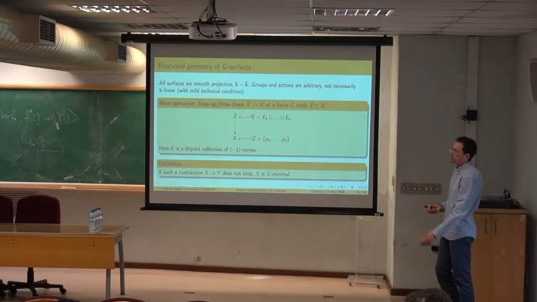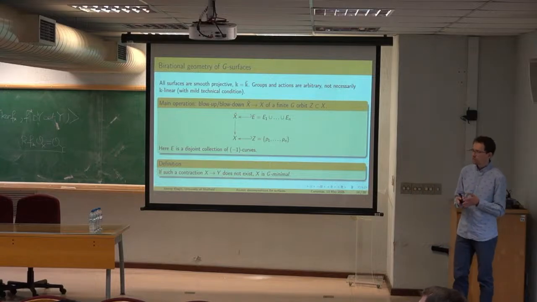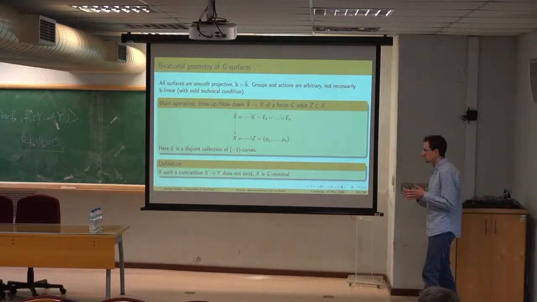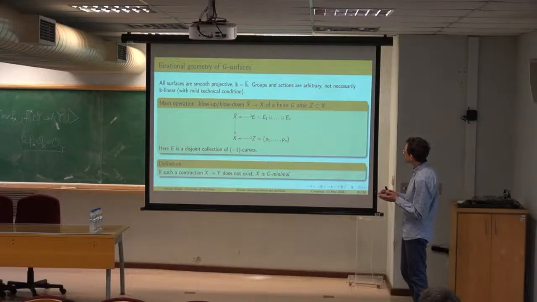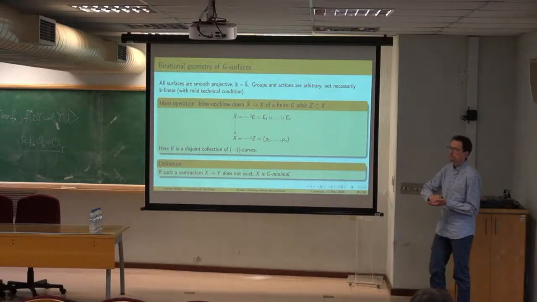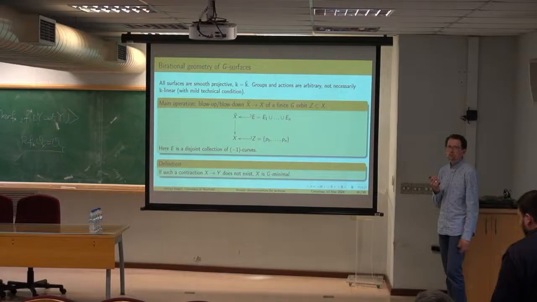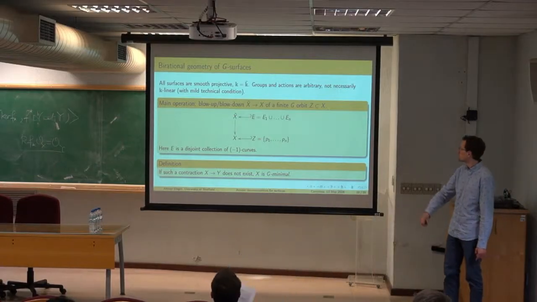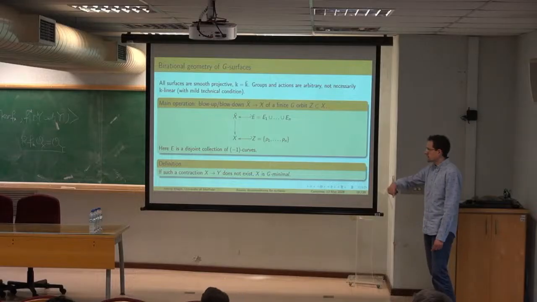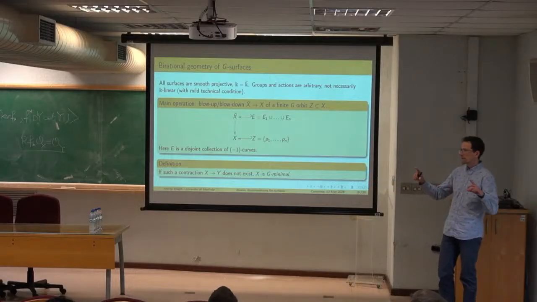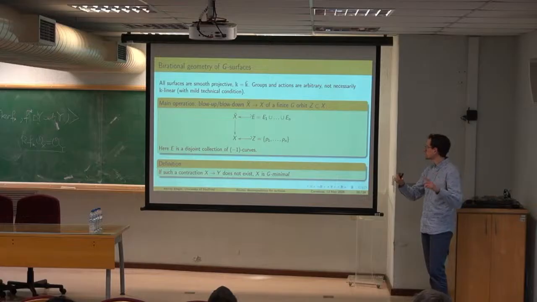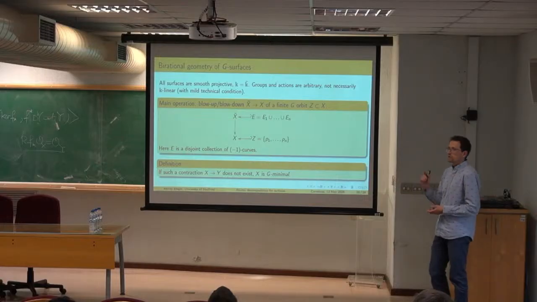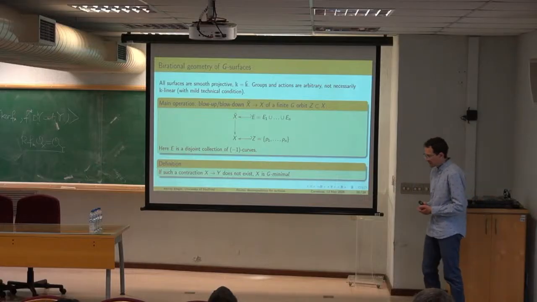I should make a very brief reminder of the minimal model program for surfaces, which is not rocket science. The basic operation is blow up. So for G-surfaces, the basic operation is the blow up of a finite G-orbit. It replaces a finite orbit by a finite collection of disjoint -1 curves, which belong to the same G-orbit of curves.